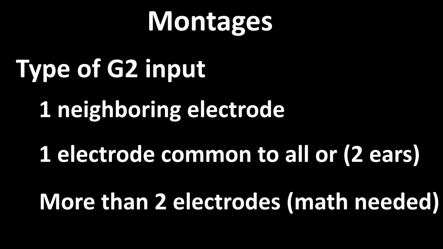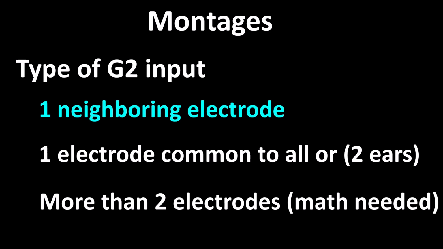The last classification method I will present to you is based on the type of electrode or electrode group connected to input 2 of the differential amplifier. This classification divides montages in three groups.